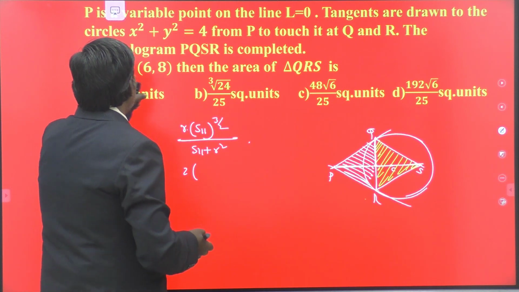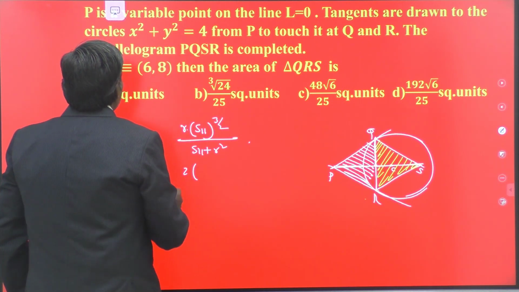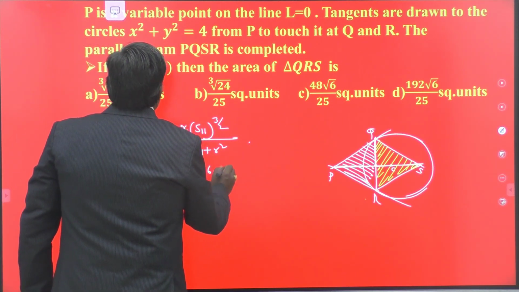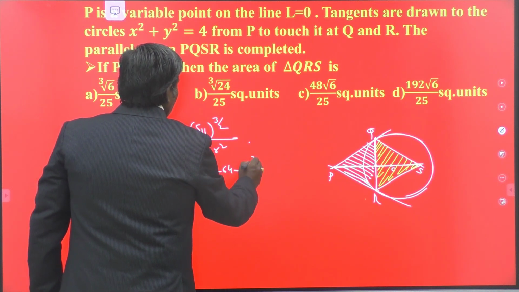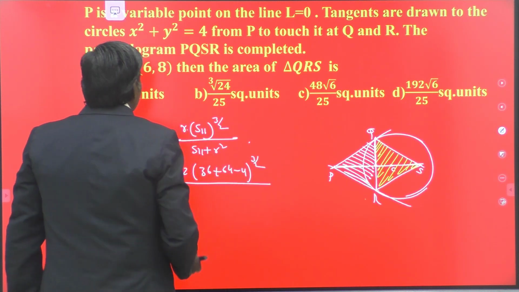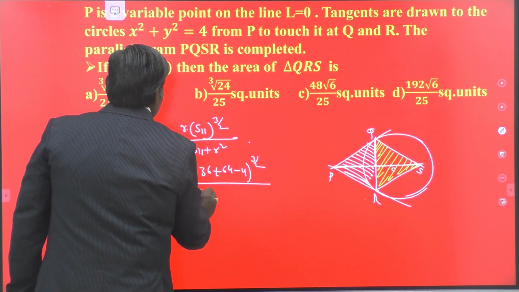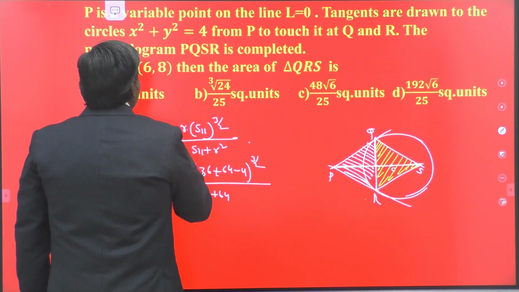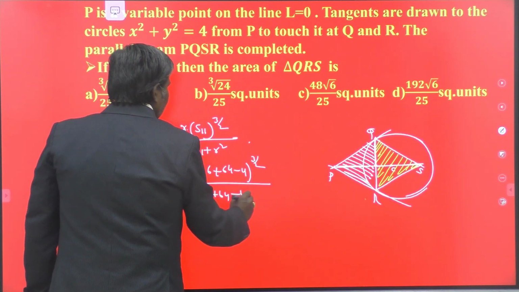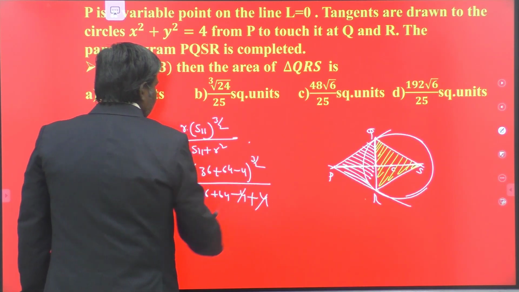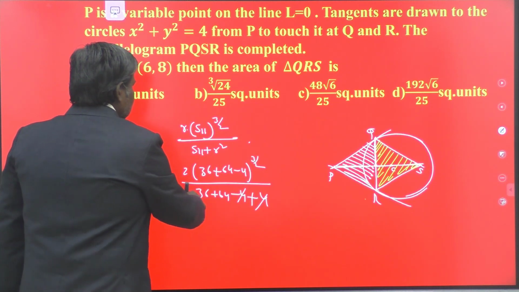S11 means you substitute the point (6, 8) in the circle: 36 plus 64 minus 4, whole power 3/2, by S11 plus R square. S11 plus R square is 100, since 4 cancels.